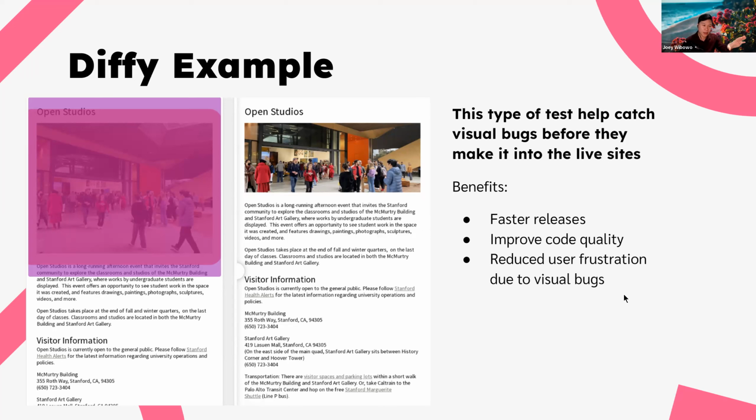On the left-hand side here, what it used to be before, where the image actually is taller. After the code change, then it becomes shorter. So this is the kind of thing that we want to see, if there are any unintended consequences after the code changes that you have.